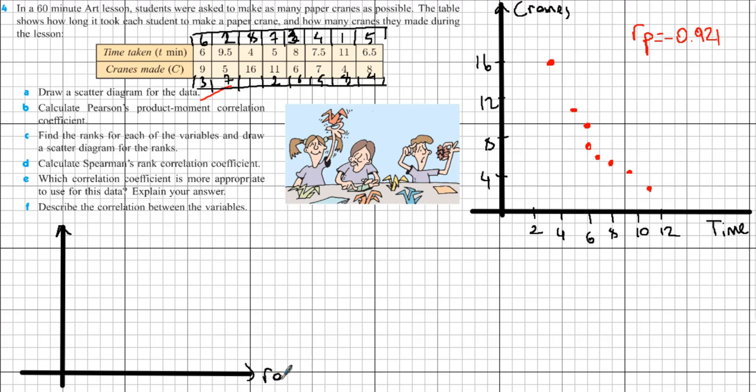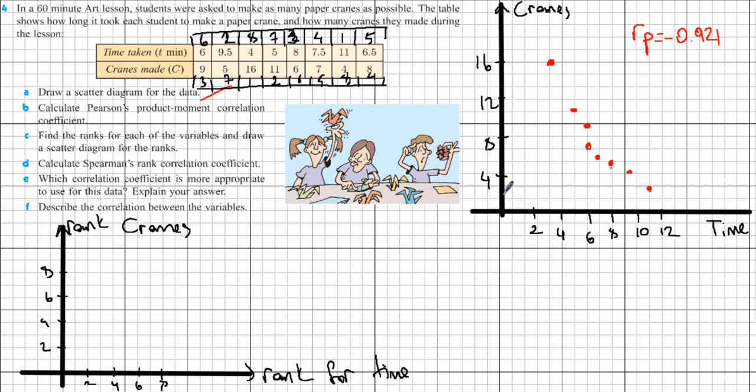Rank for time. This one rank for cranes. As we have 8, that'd be 2, 4, 6, and 8.